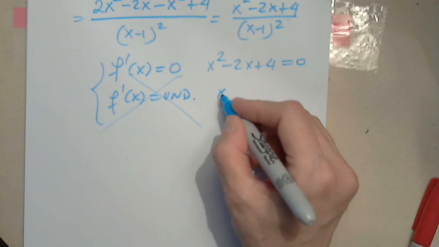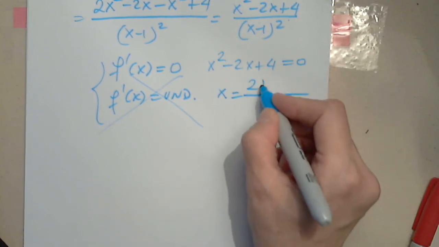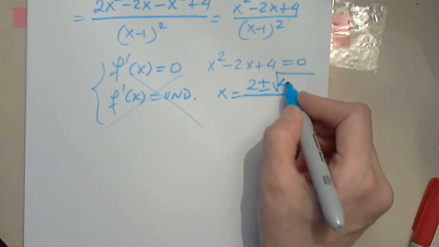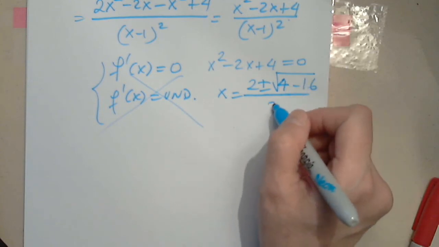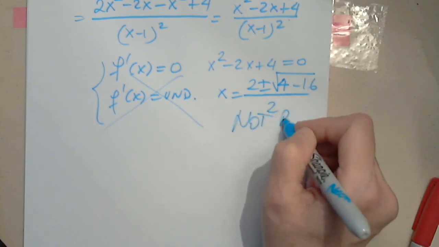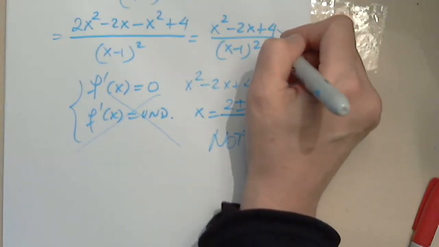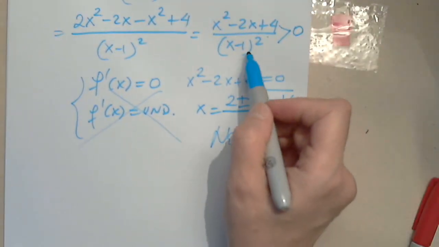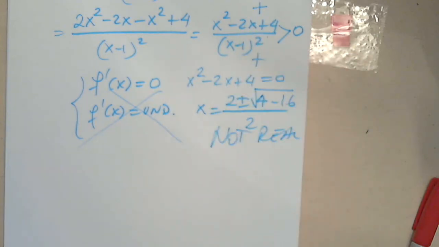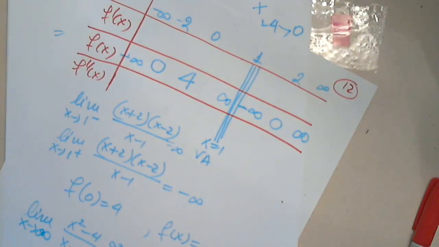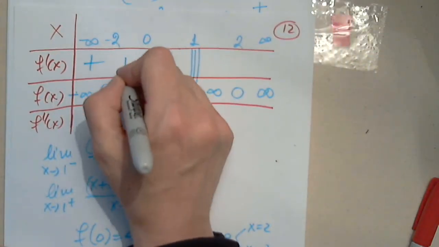Negative b plus or minus the square root of b squared minus 4ac over 2a, not real. This expression is always positive. Everything positive, positive. Nice. So this function is always increasing.